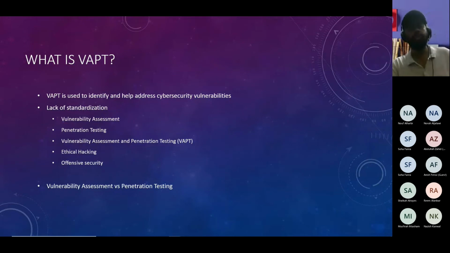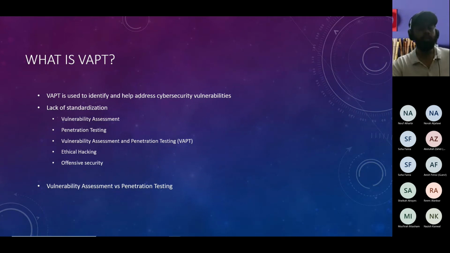If you want a vulnerability assessment, the cybersecurity engineer will identify the vulnerability but will not exploit it. If you want penetration testing, it means you want a vulnerability assessment as well, and you want to exploit the vulnerabilities and see the damage they can cause. So this is the difference. Normally customers have confusion about this.